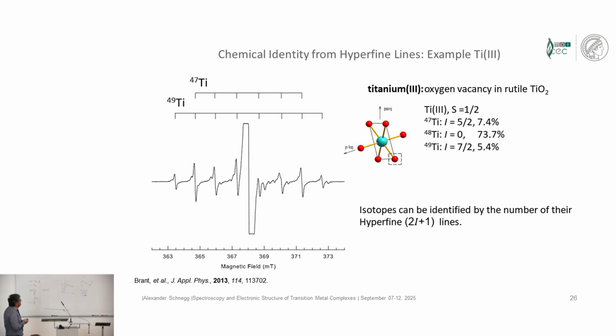What is also clear from this spectrum is that each electron spin couples only to one nuclear spin in this case, at least only one resolved nuclear spin, because the spectra simply add. It's not that the electron spin couples to two different isotopes, but mainly to one.